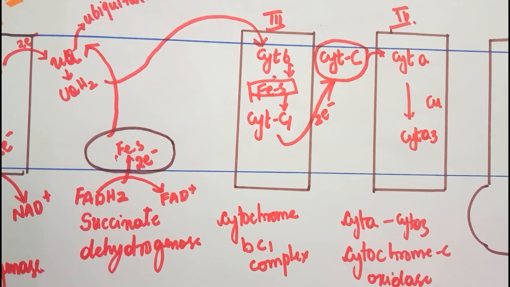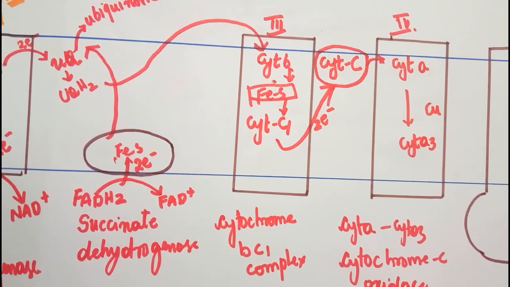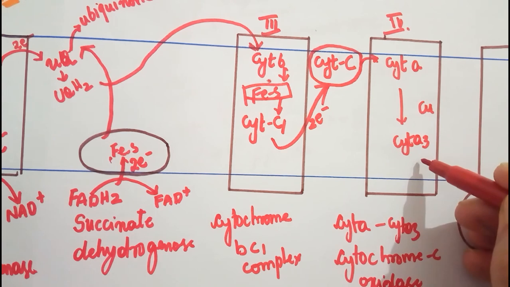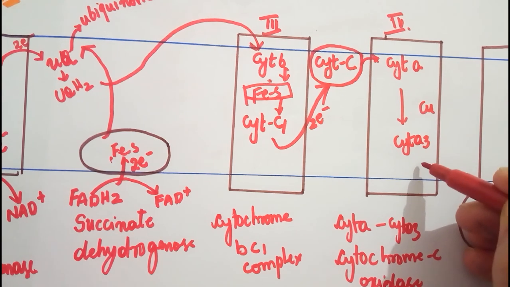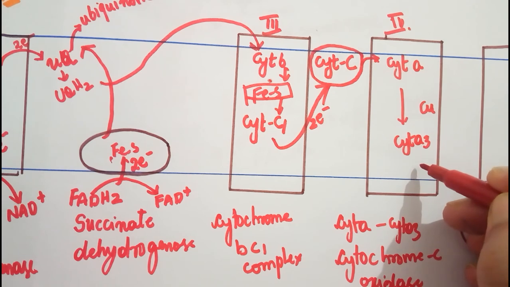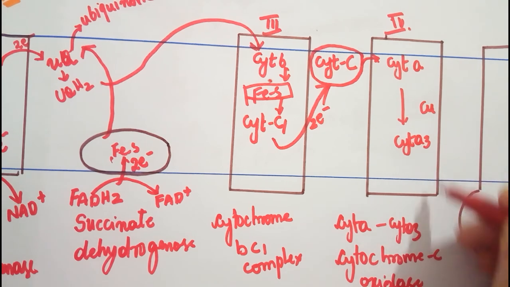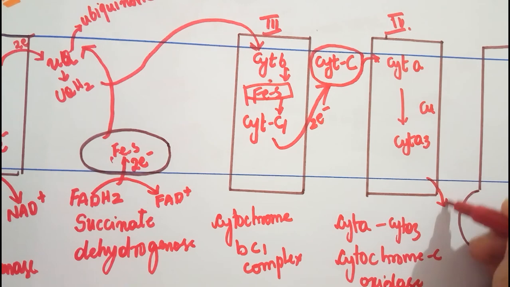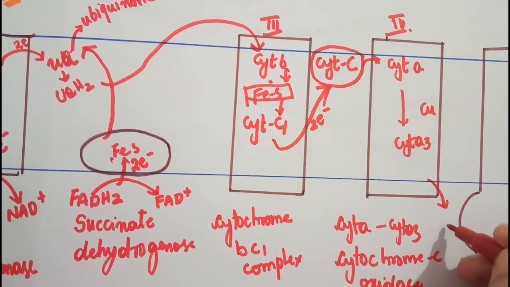Finally, two electrons from the cytochrome AA3 complex are accepted by oxygen. Accepted by whom? Oxygen.